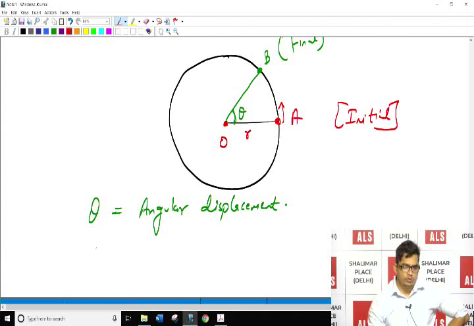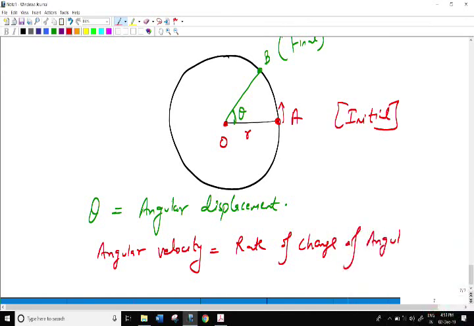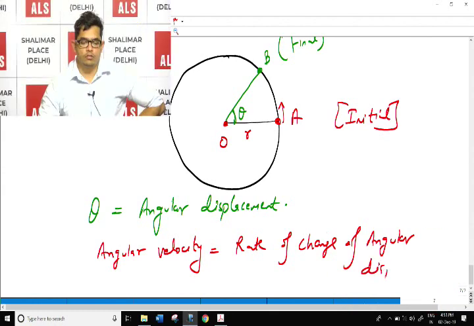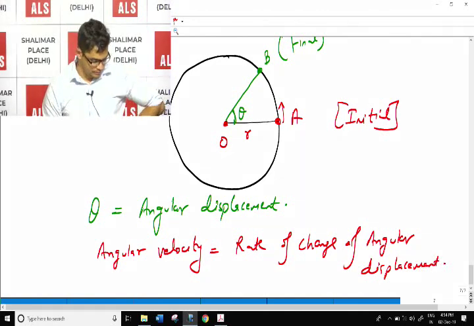If we talk about the angular speed, just like in the rectilinear motion, remember, velocity was displacement upon time. In a similar way, angular velocity is the rate of change of angular displacement.